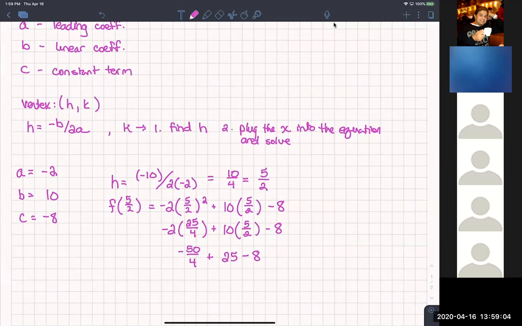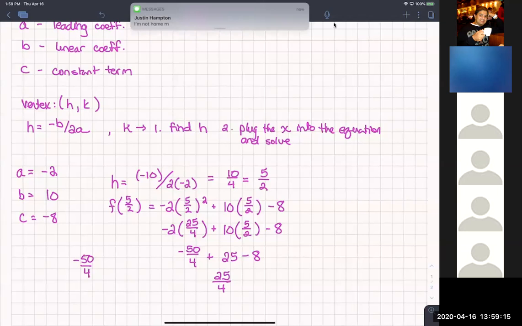So negative 50 over 4 plus 25 over 4 is actually 25/4, because remember you have to find a common denominator between negative 50/4 and 25, which is 100/4.